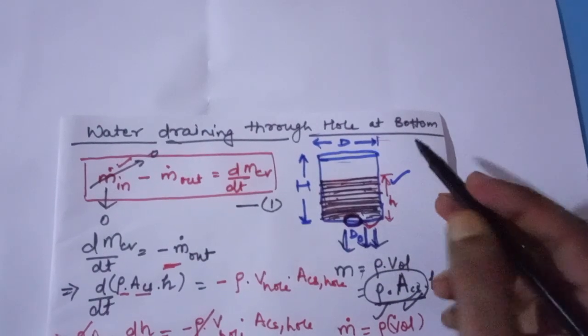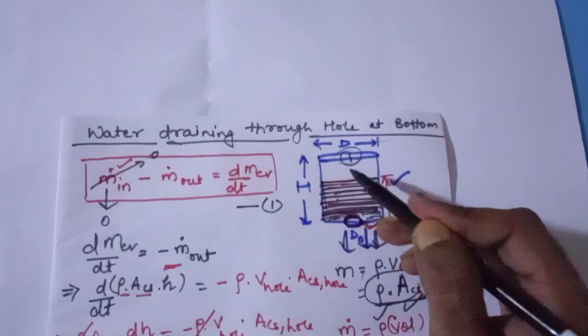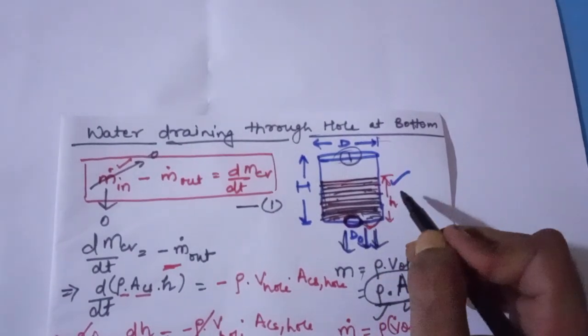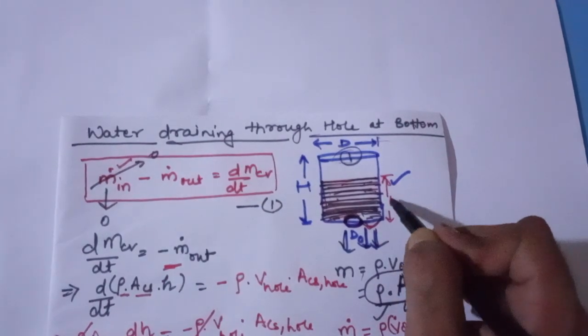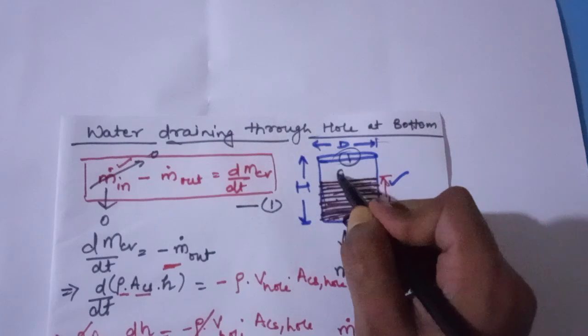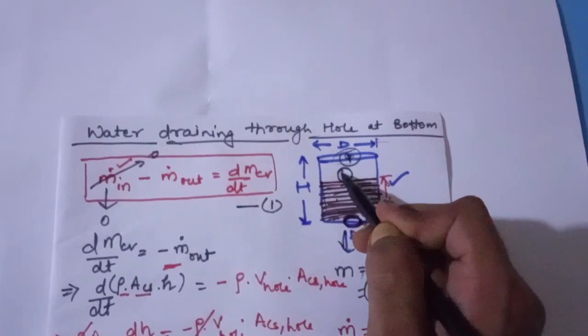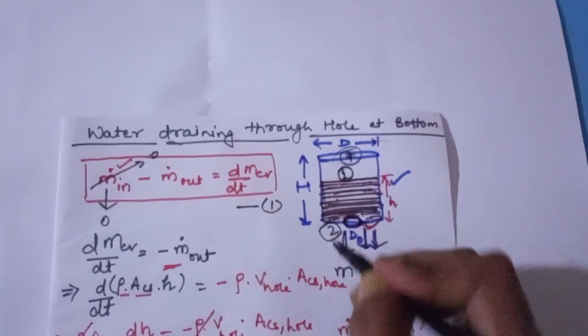For that, let me consider point 1 here at the surface. Since the liquid height is up to H only, the point will be at this surface. The second point will be at the bottom.